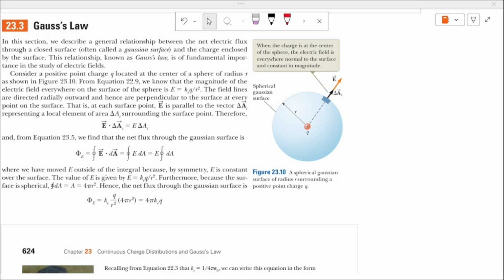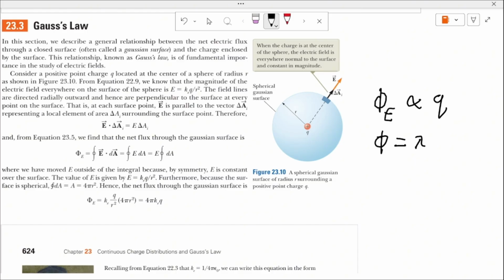We already established that the net electric flux through a closed surface is proportional to the charge inside that surface. So we know that our final expression should look something like this, right? Phi equals some constant. No, that's not Coulomb's constant.